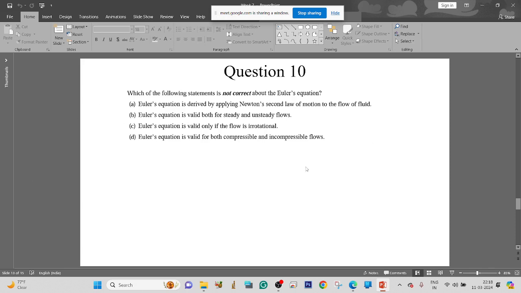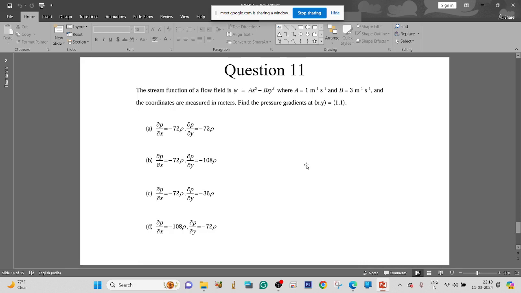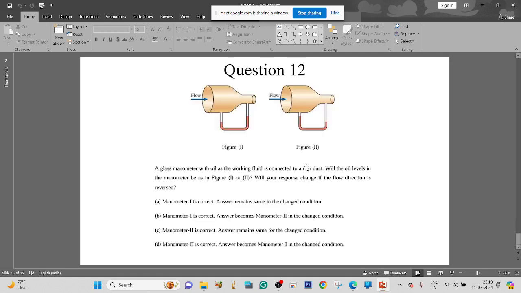Yeah, then there's the next question. This is the last question. Here we can clearly see that the cross-sectional area is changing, right? So the pressure variation is there.